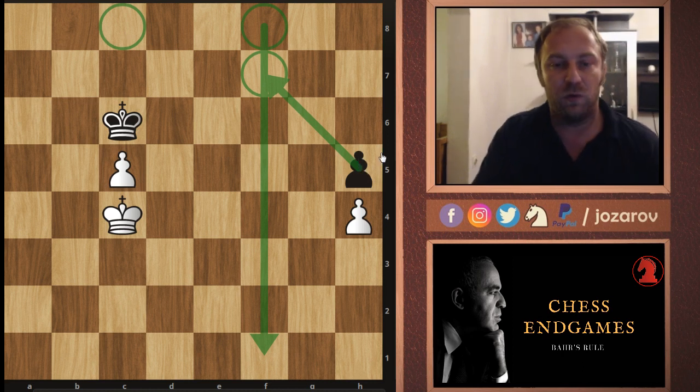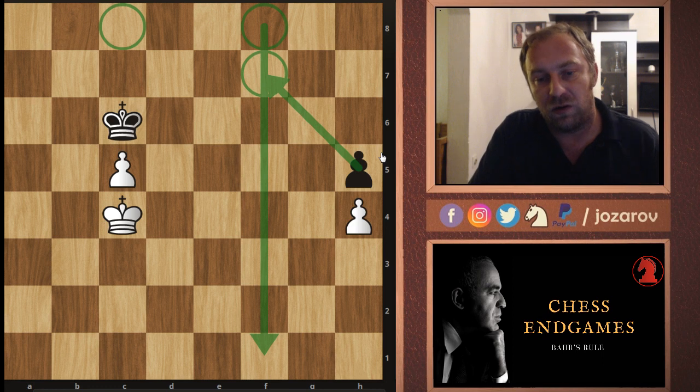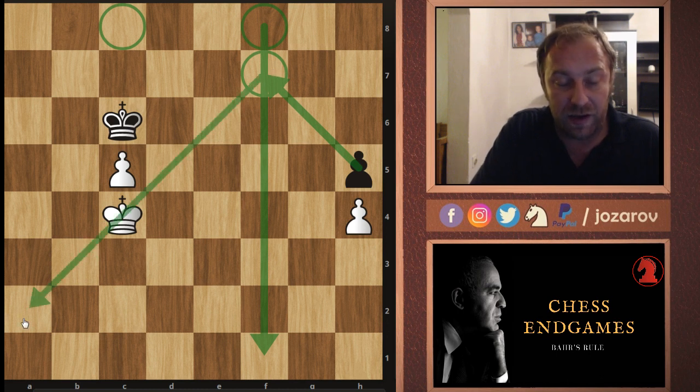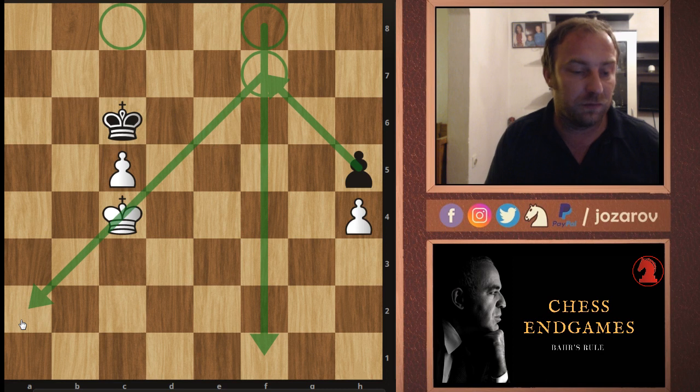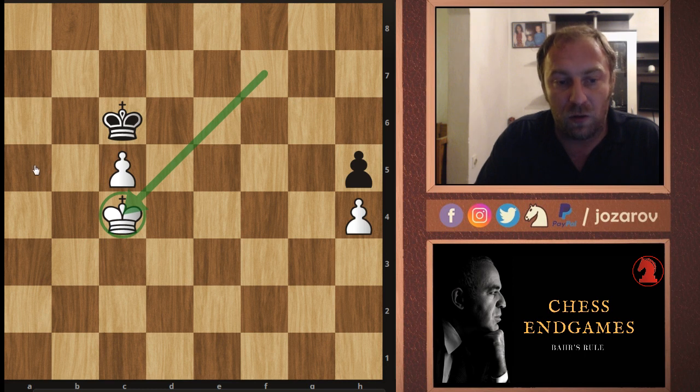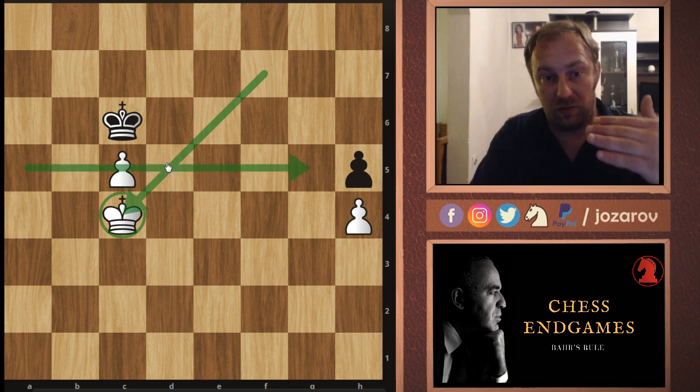From black's perspective, we'll call black the defender and white the attacker, because white is of course one pawn up. So the defender should draw a diagonal to the f file. It's the square f7 here, and when we draw a diagonal to this particular part of the board, let's draw only this diagonal now, we see that the pawn of white is above this diagonal.